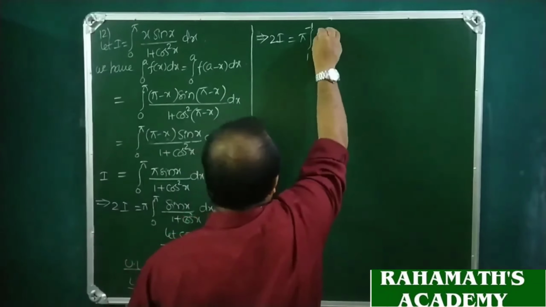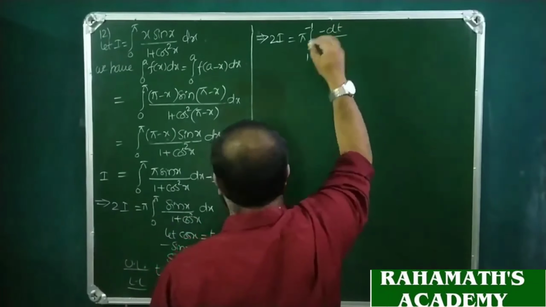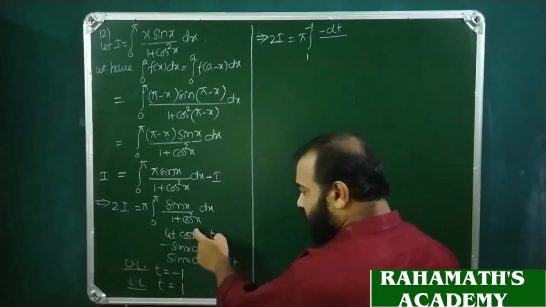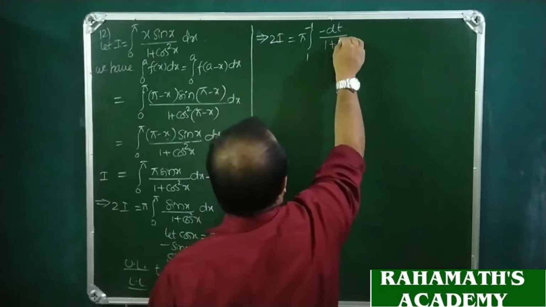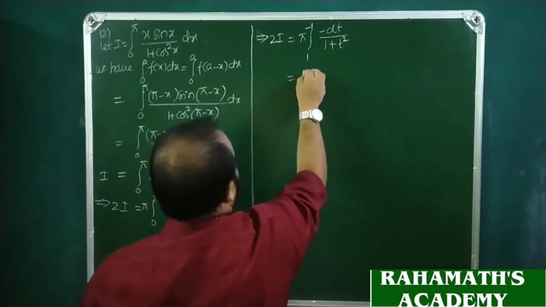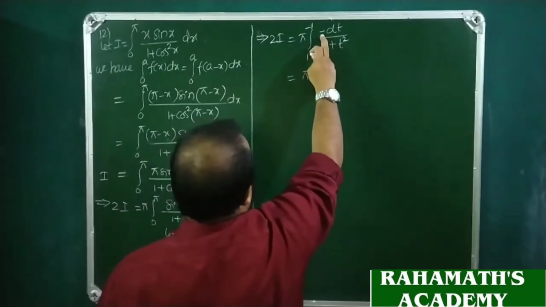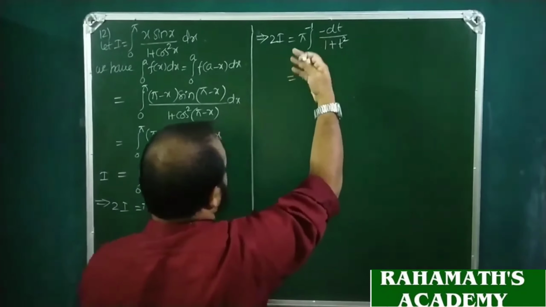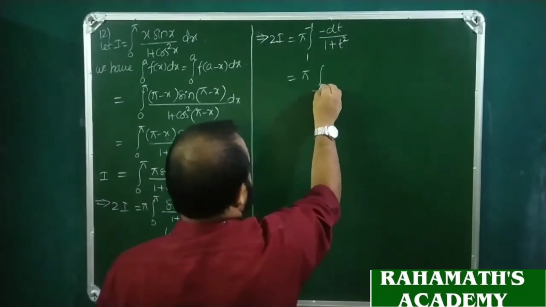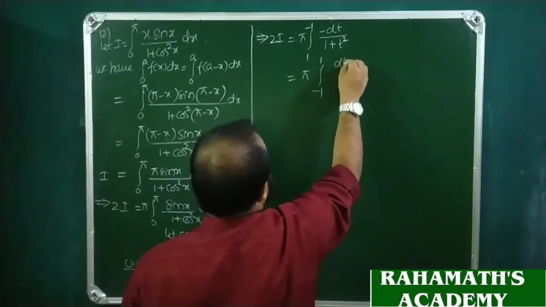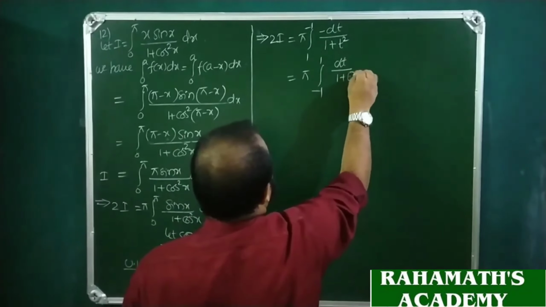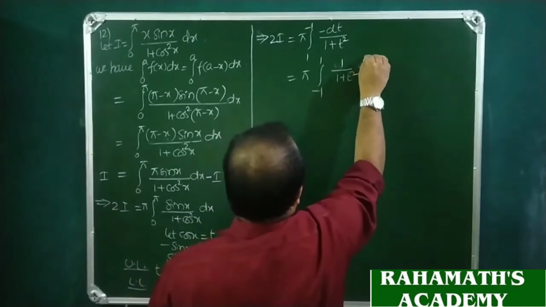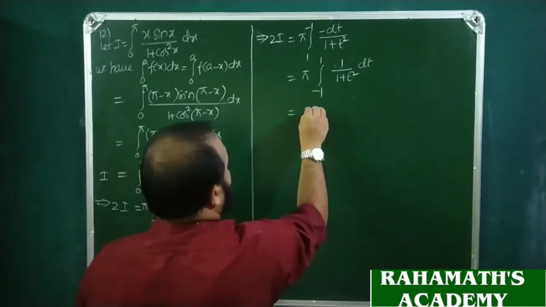Sin x dx is minus dt by 1 plus cos square x, and cos x is t, so cos square x is t square. So 1 plus t square. So this is equals to pi. To ignore this minus, we need to interchange the limits. So minus 1 to 1, this is dt by 1 plus t square.